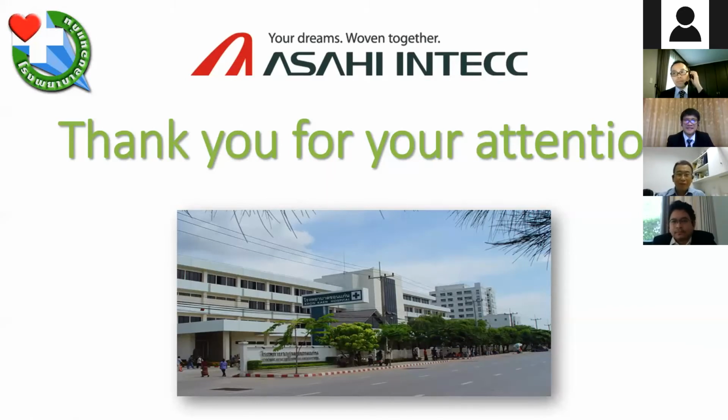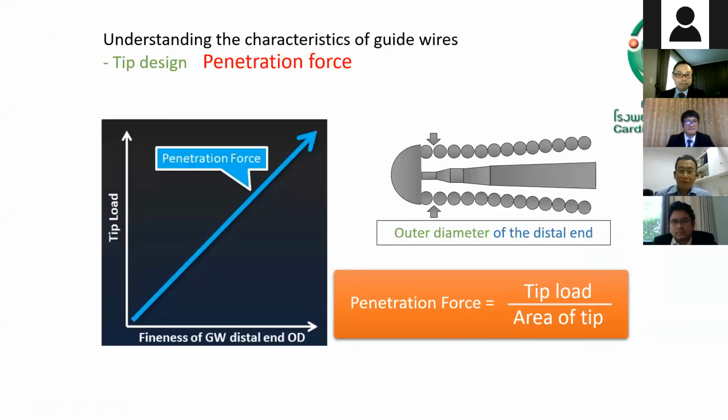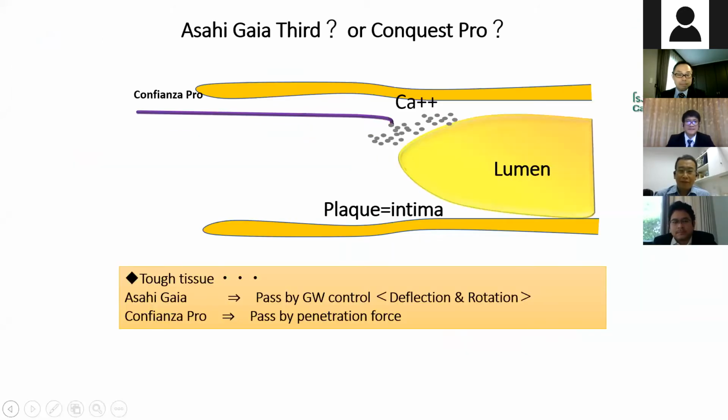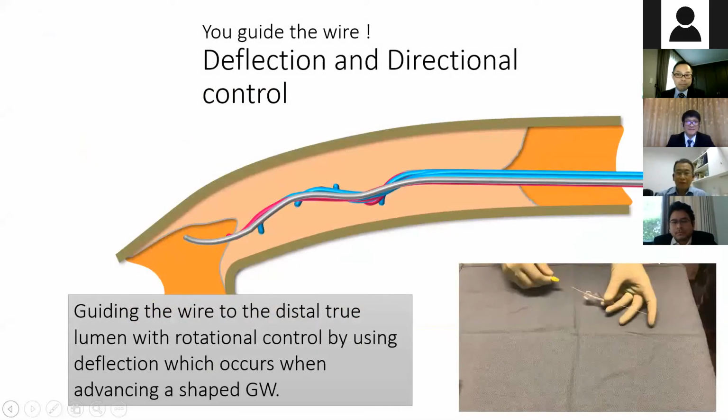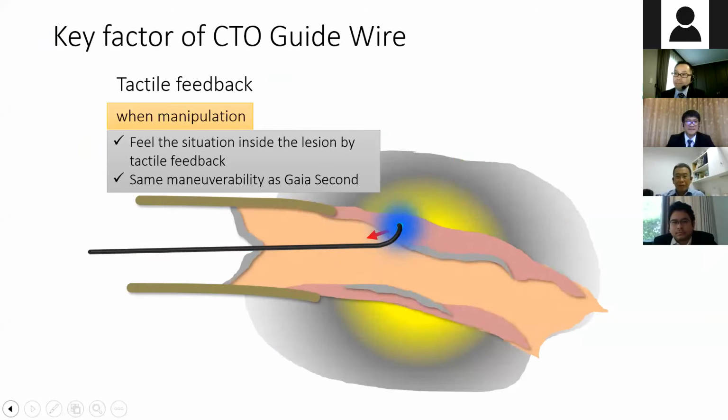Good afternoon, everyone. In this case, when we look back to the first presentation, it looked like the lesion was not totally occluded. It's just a subtotal occlusion, and the setting is acute coronary syndrome, right?